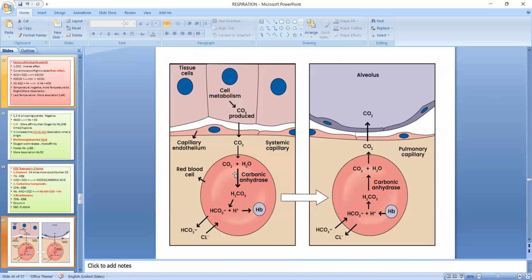This is also a reversible reaction. Anyway, after formation of H2CO3 at the tissues, it is immediately dissociated into H plus and HCO3 minus. Okay, so this H plus which is released combines with HbO2 actually.